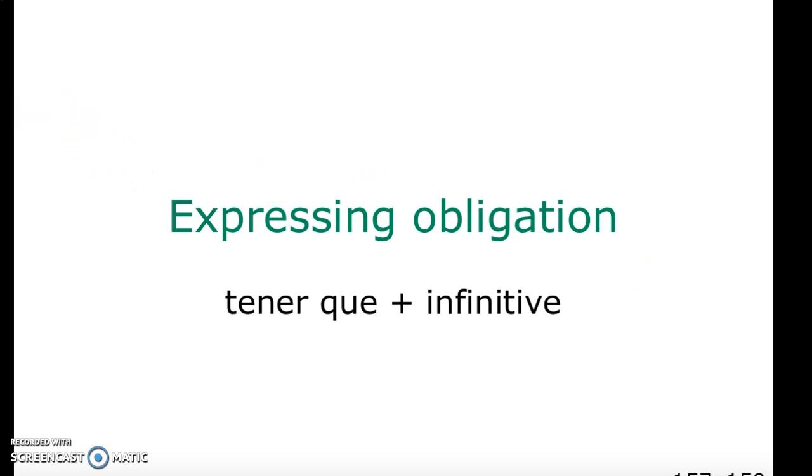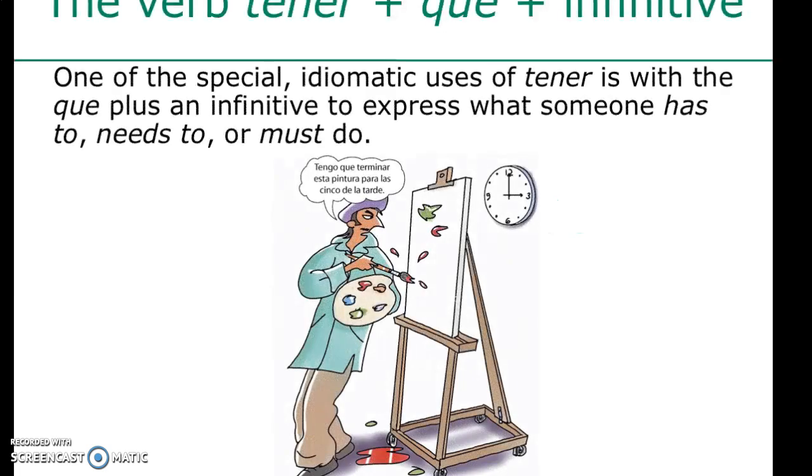Okay, so clase, let's go ahead and talk a little bit more about tener que and tener itself. Tener means to have. And in capítulo 5, we're going to end up talking more about expressions that we use with tener. But we're going to focus today on tener que.